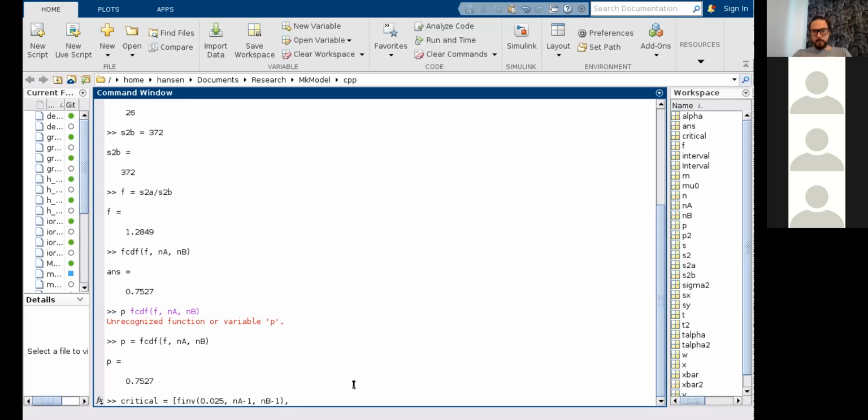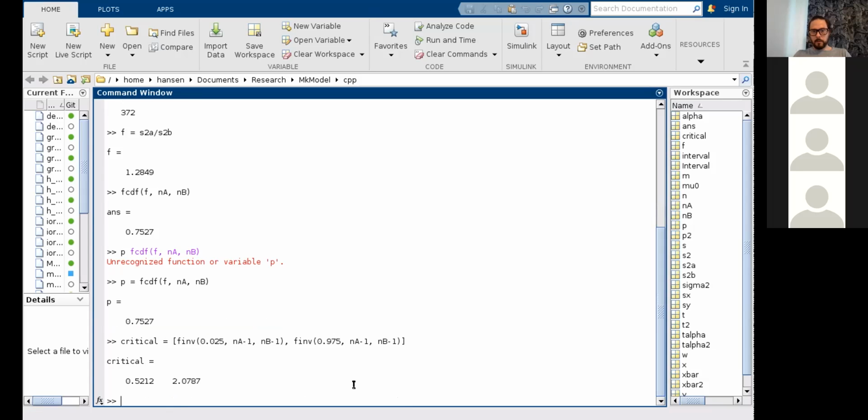And then the upper limit would be F in of 0.975, NA minus 1, and NB minus 1. The critical region would be somewhere in there. So my F value is definitely not outside the acceptable region.